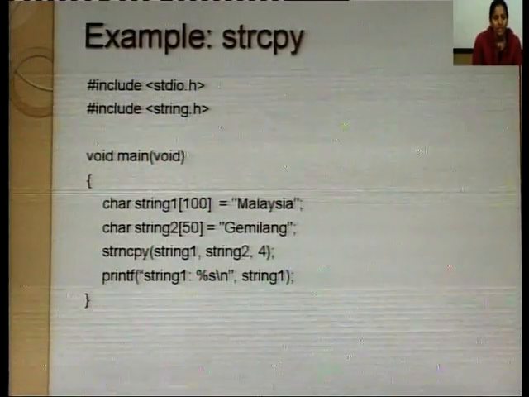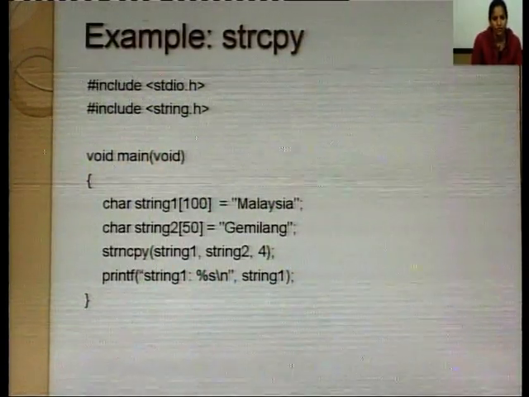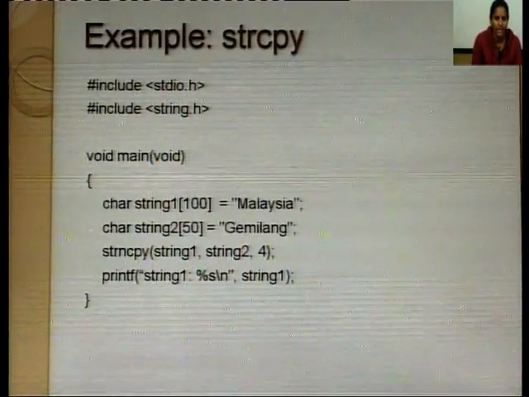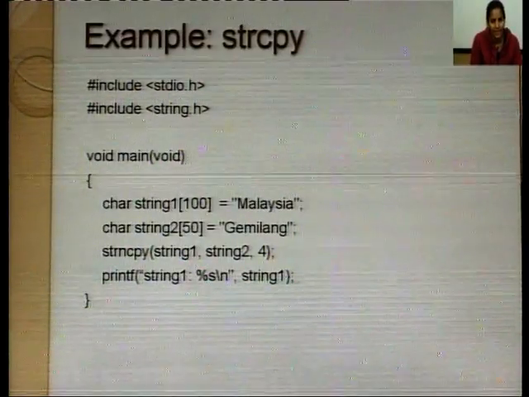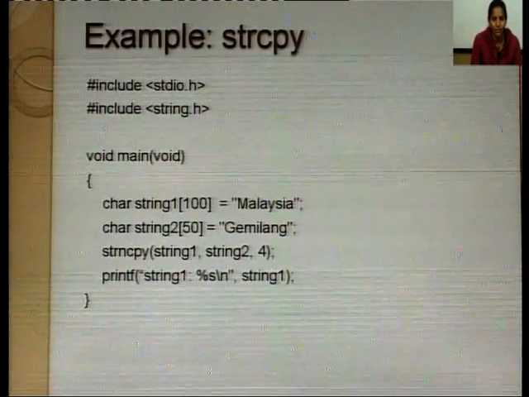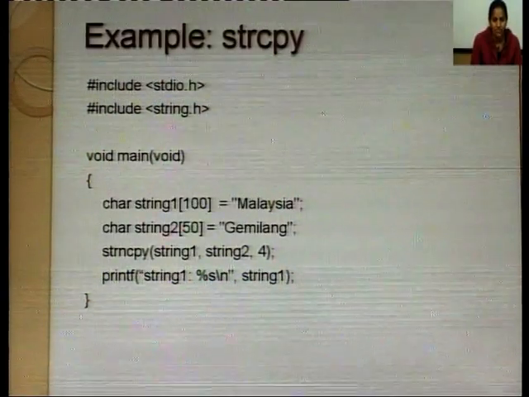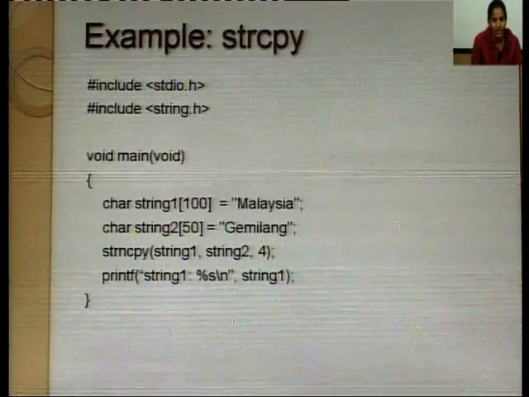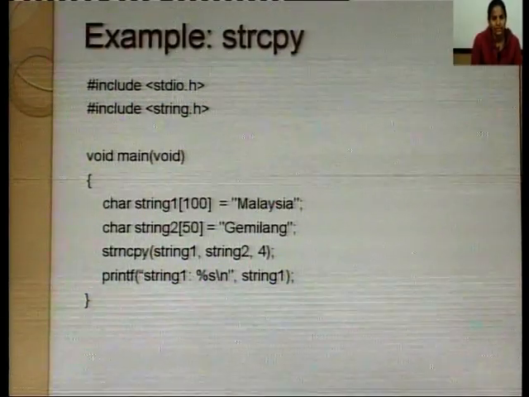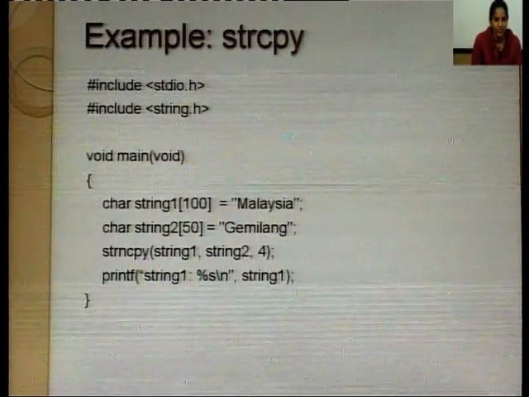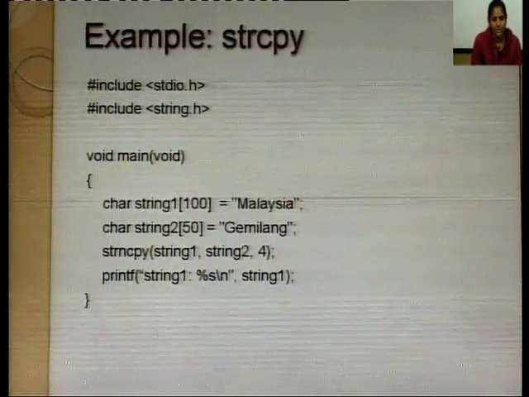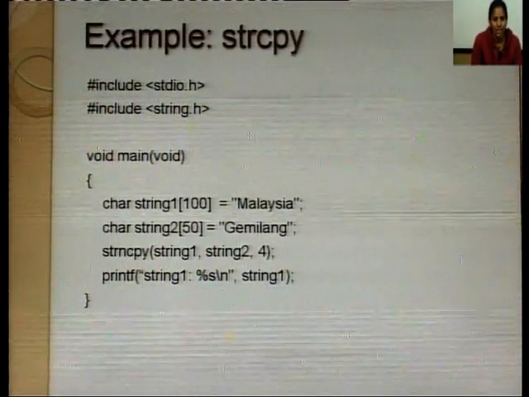N stands for the number of characters you want to copy from one string to another. In this example, we have declared two variables. One is char string1, of size 100, assigned the value Malaysia. And string2, of size 50, is assigned the string Gemilang.